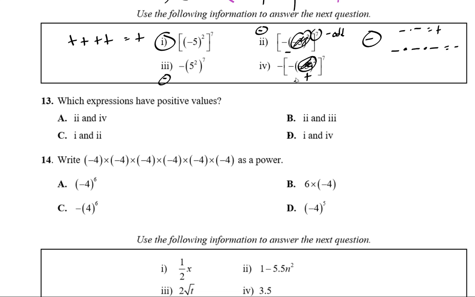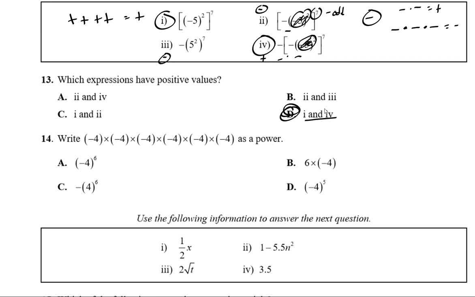Then we add that negative sign there, so we're at negative. Negative times positive is negative. Negative to the 7th power, still negative, just like it was up there. But now there's a negative sign on the outside, and negative times negative is going to be positive again. So this should be 1 and 4. Both have positive values.